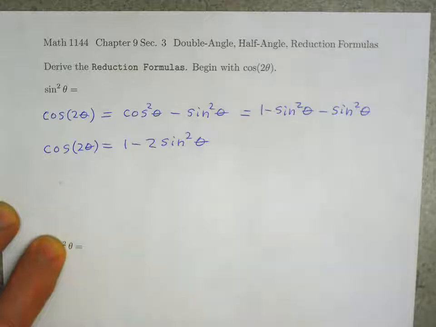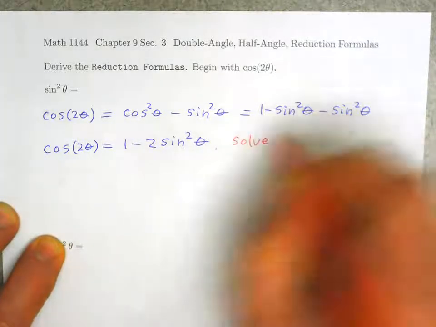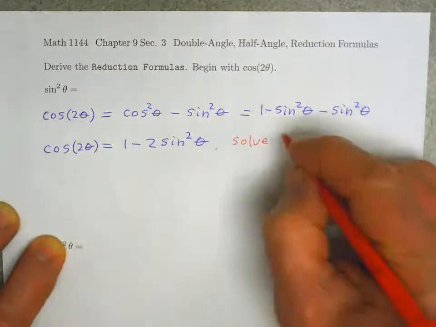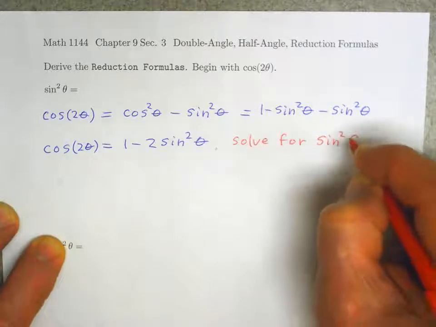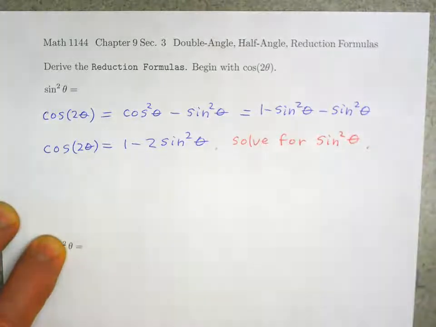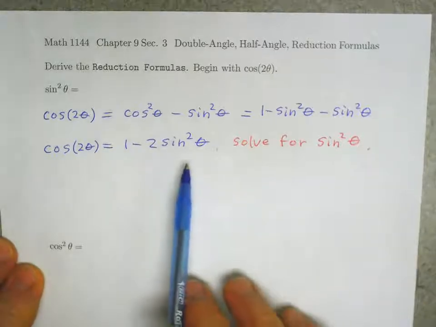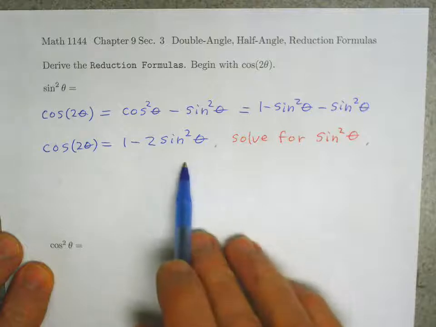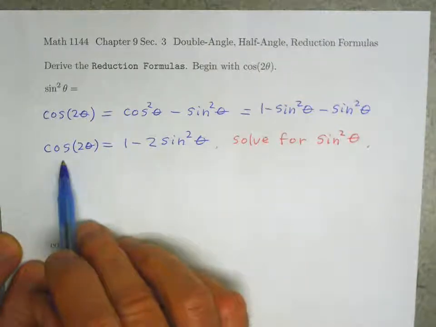So now what we want to do is solve this equation for sine of theta squared. That's what we're trying to do. We can do a couple of things at once. We can add 2 times sine of theta squared to both sides and subtract cosine of 2 theta.